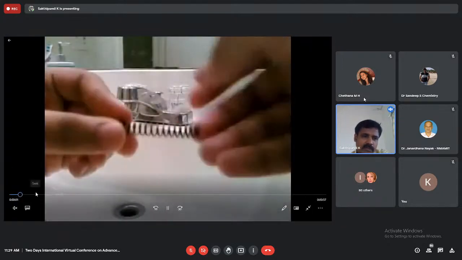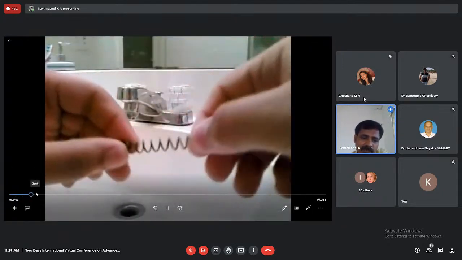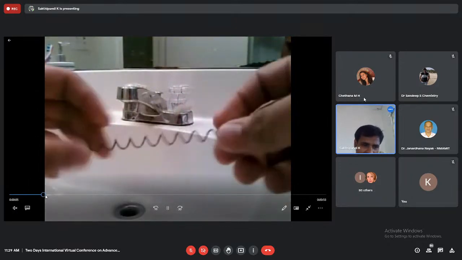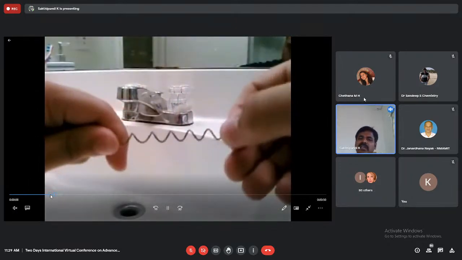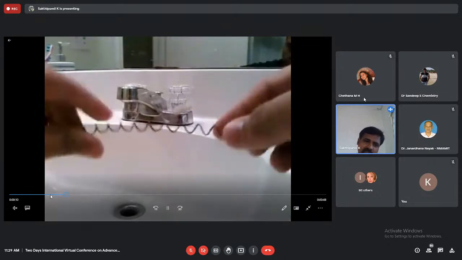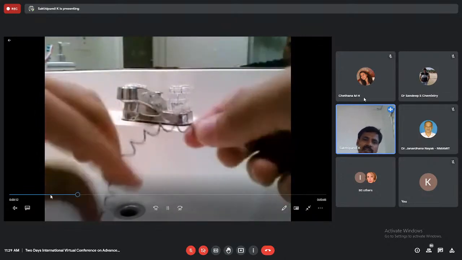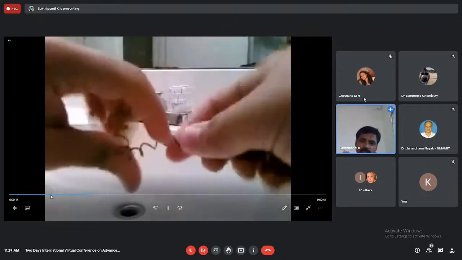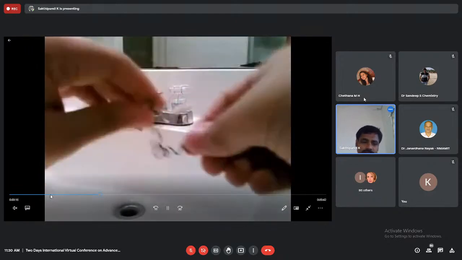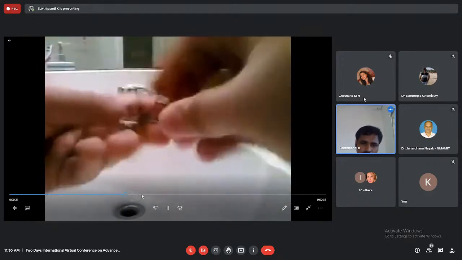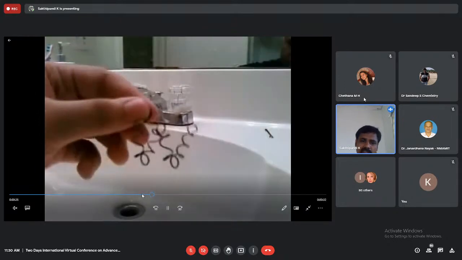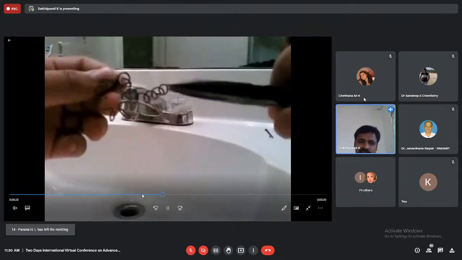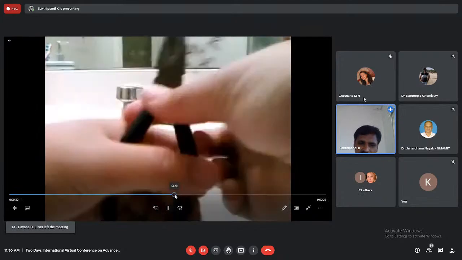So you can easily identify this. This is one of the springs. So the spring will be stressed or elongated. Anything you can do, you can fold it and screw it, everything you can do. After that, if you put a small amount of heat on the sample, it will come to the original state.